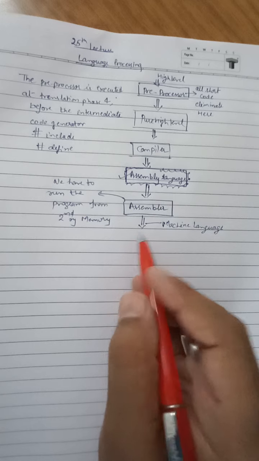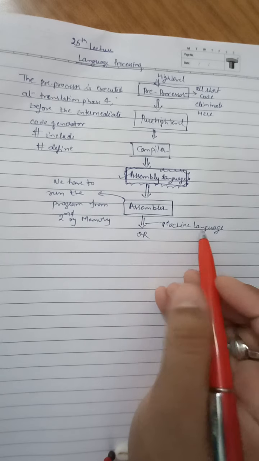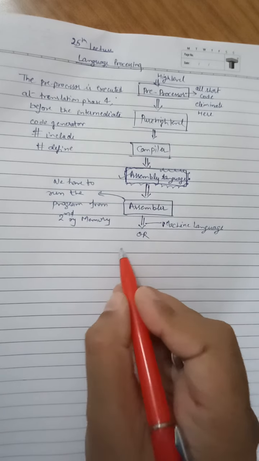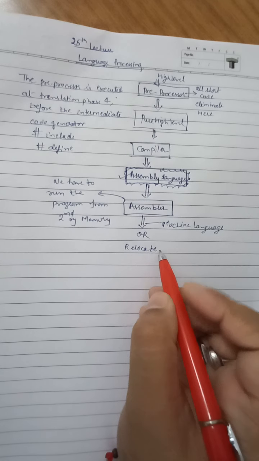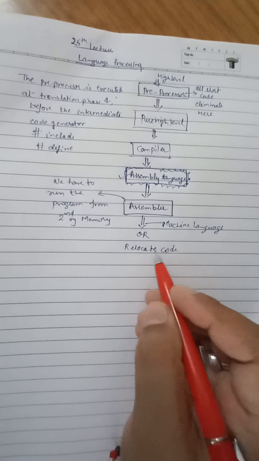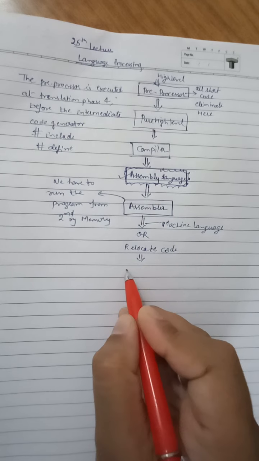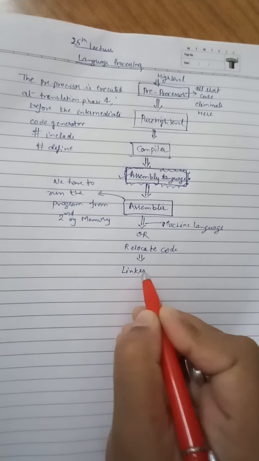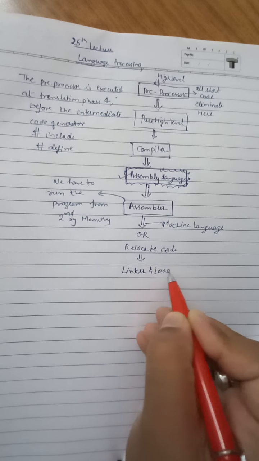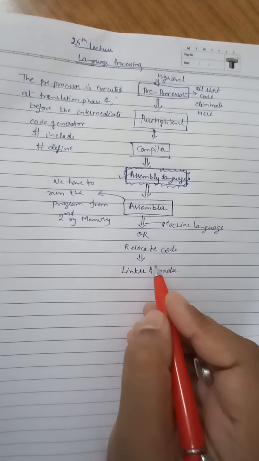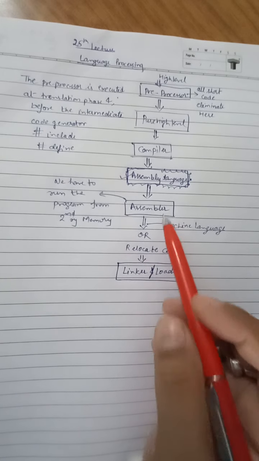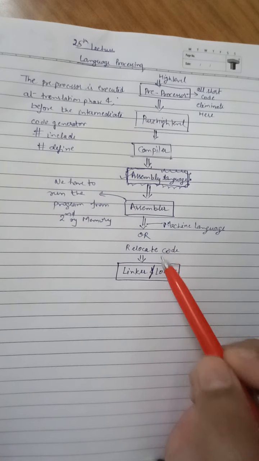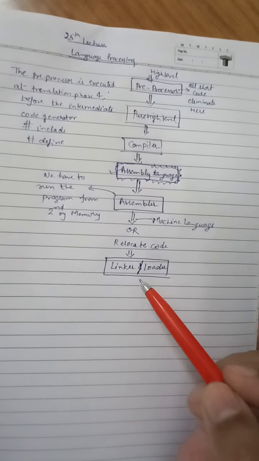It converts the data into machine language, relocates the code, and sends it to the linker and loader. The assembler relocates the code and sends it to the linker and loader.